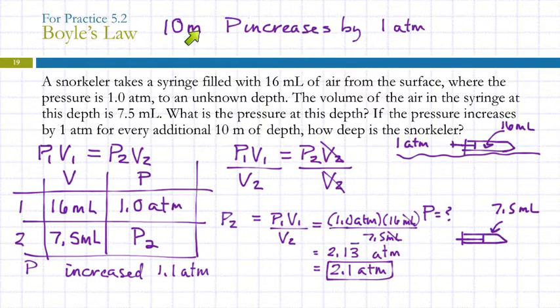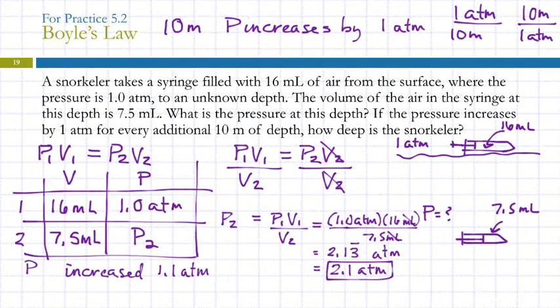We get 1 atmosphere for every 10 meters. So we can make that into a conversion factor: 1 atmosphere per 10 meters, or 10 meters per 1 atmosphere. So if we look at the increase in pressure, we can use one of these factors to figure out the depth.